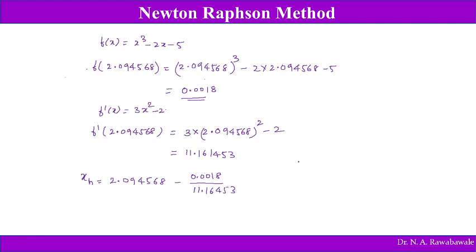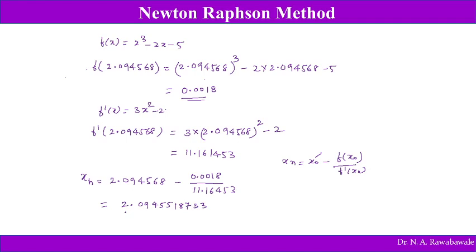So this formula we are using, xn is equal to x naught minus f of x naught divided by f dash of x naught. Now in place of x naught we have 2.094568. So on simplification we get this as 2.0945518733.